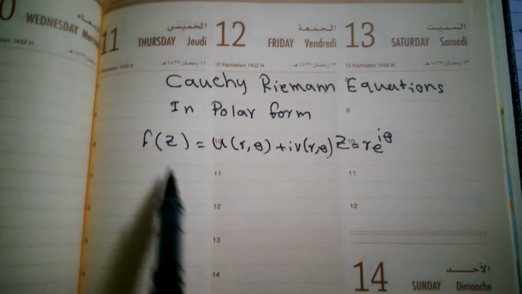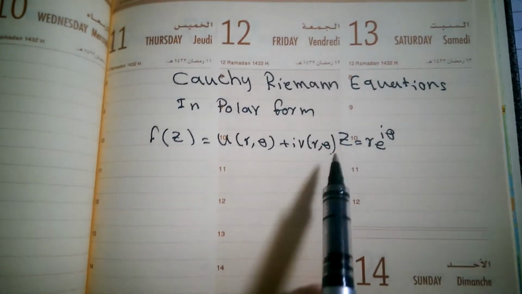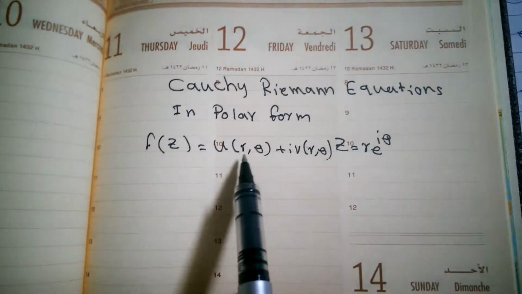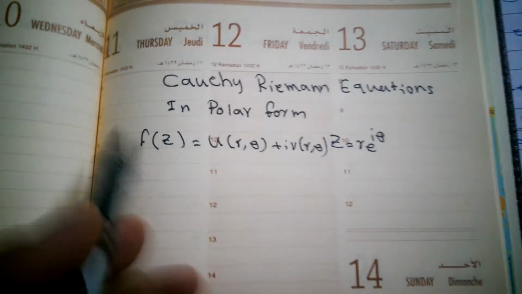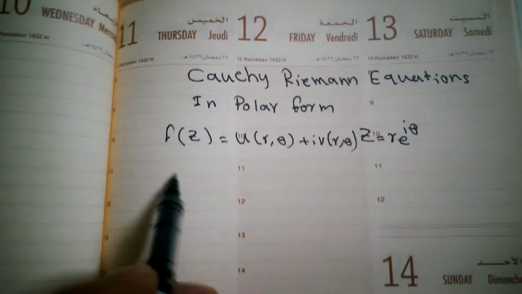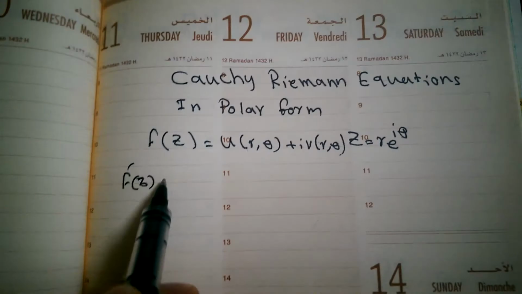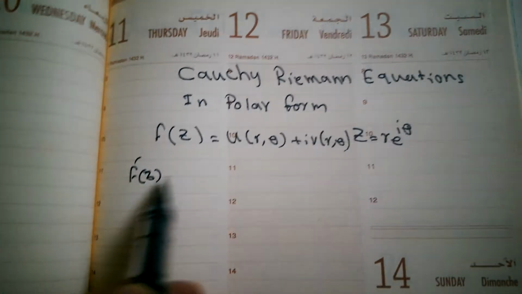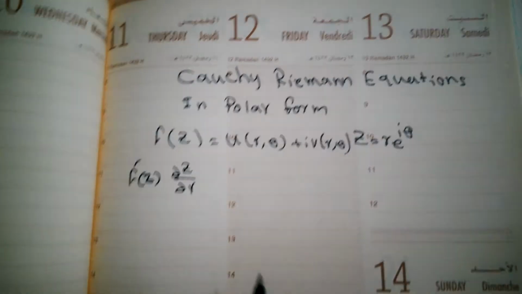So what we're going to do is take partial derivatives of this equation with respect to r and then with respect to theta, and let's see what we get. f dash of z is equal to f dash of z and partial z by partial r.